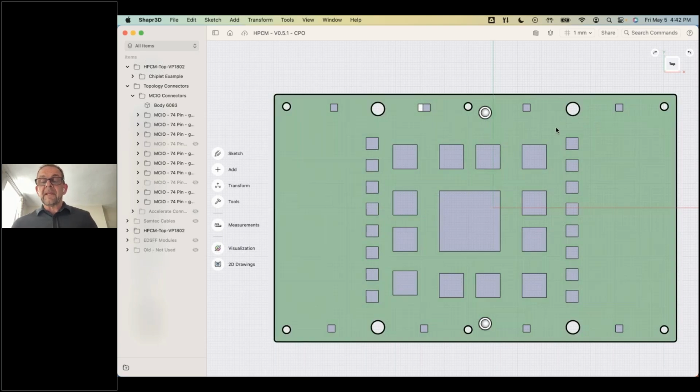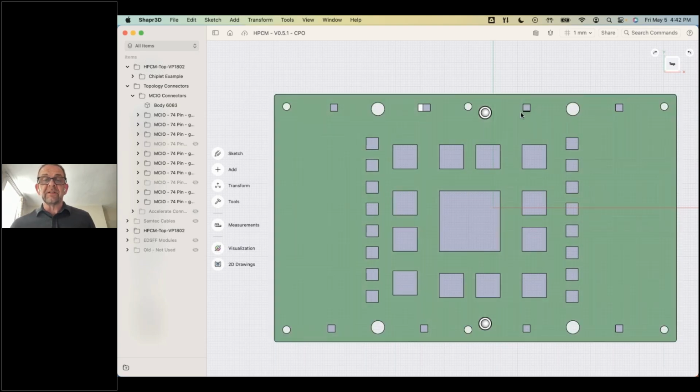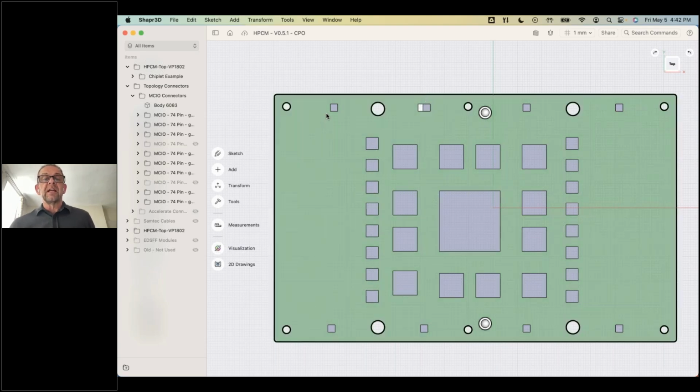And then we've got another electrical one here, but we've got a near packaged optics active optical cable plugged into it. Here we can see that we've got the stacked optical die and electrical die all mounted on the top here. And one would assume that the light would be launched out of the back of the optical die through that hole that I showed you. And here we have just the electrical die.